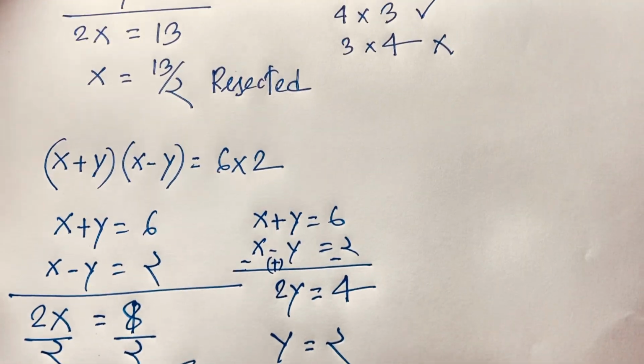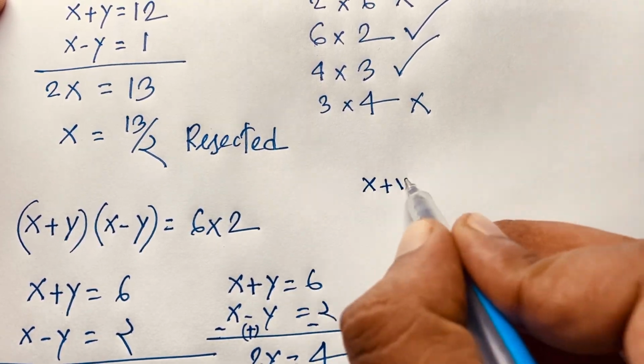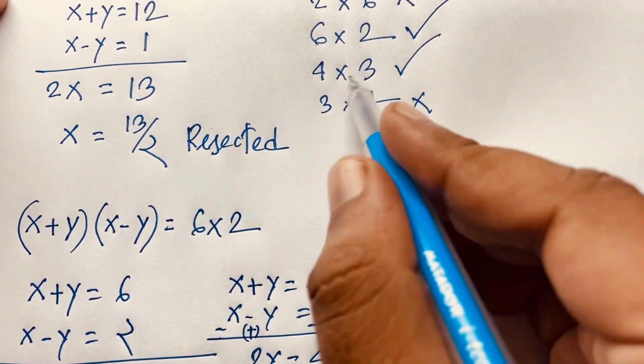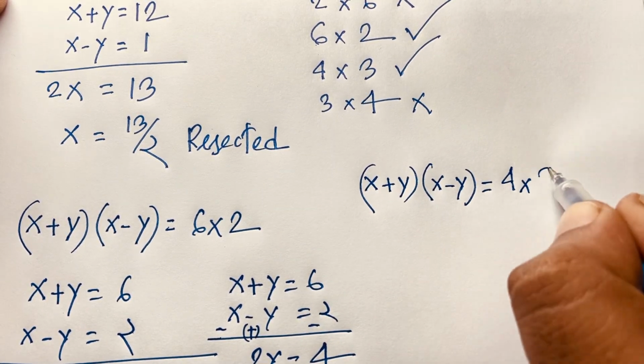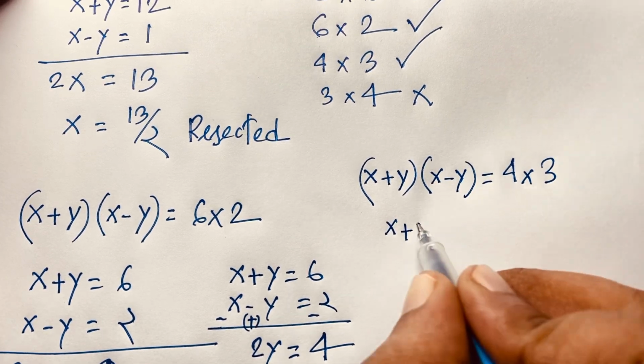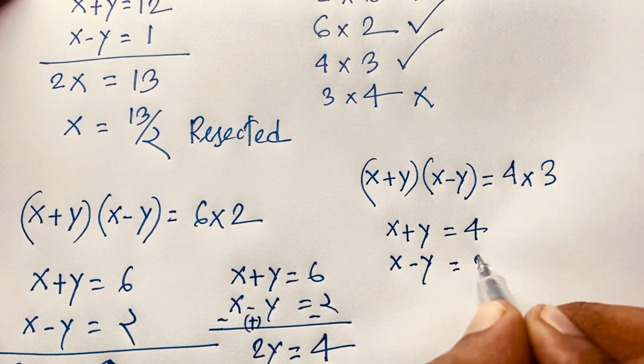In the other case, x plus y times x minus y is equal to 4 times 3. Now at this moment, you can see that x plus y is equal to 4 and x minus y is equal to 3.